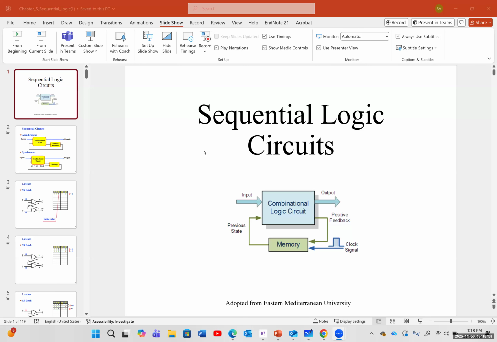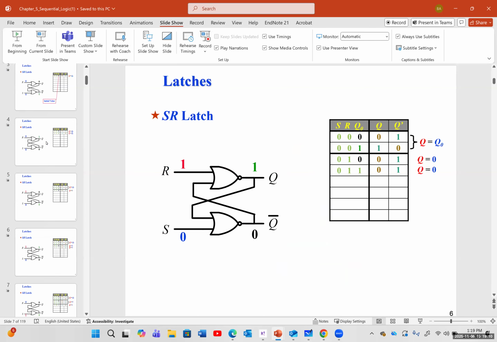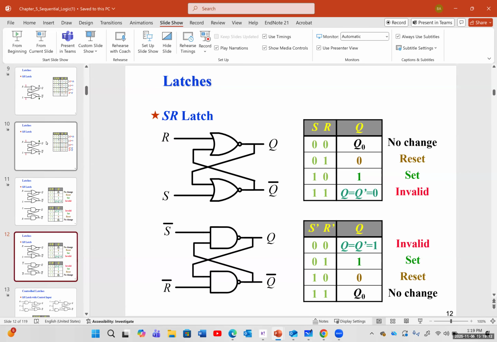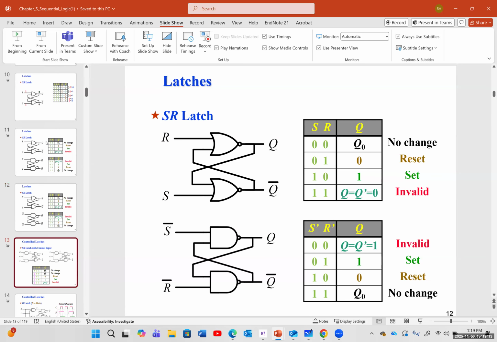Digital design class. In the previous classes, we started the sequential logic circuits. We started with the latches, SR latch, D latch, and so on. And then we continued with the flip-flops.